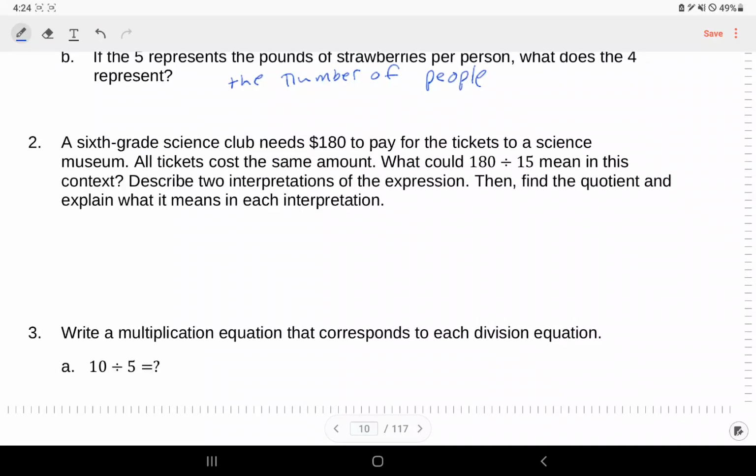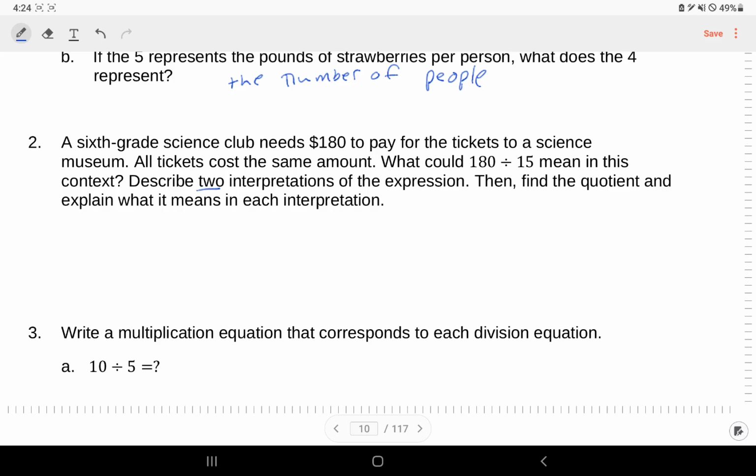Okay. Now, this is a very long question. There is a lot to do in this question. A 6th grade science club needs $180 to pay for the tickets to a science museum. All tickets cost the same amount. What could 180 divided by 15 mean in this context?